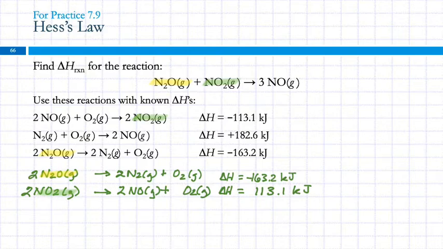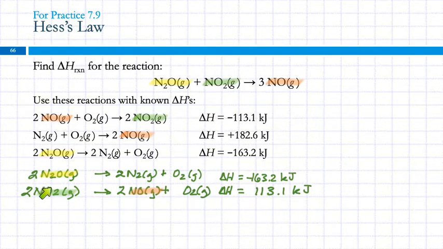And then my last thing that I'm looking for in the product side, I want NO. Well, NO is showing up in a couple of places. It's here, or there, and it's also in this one in the middle. It's possible that you have more stuff here than you actually need and you don't have to use all three. That's not going to happen.